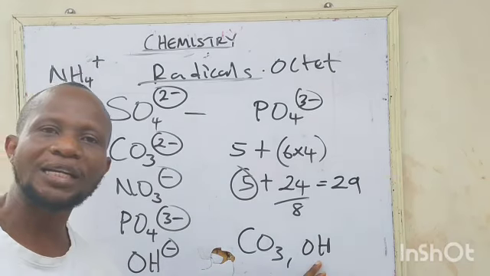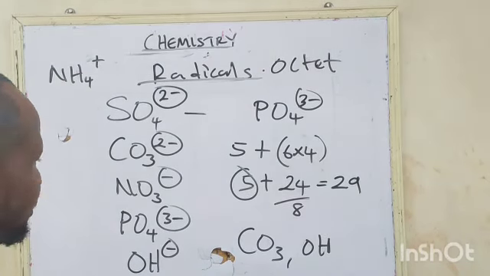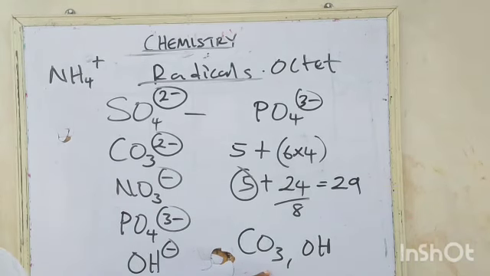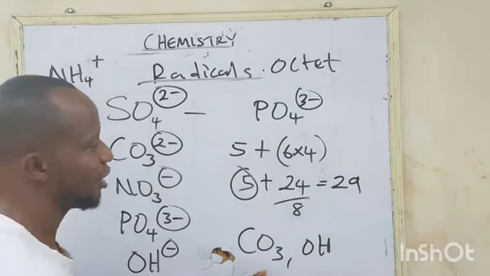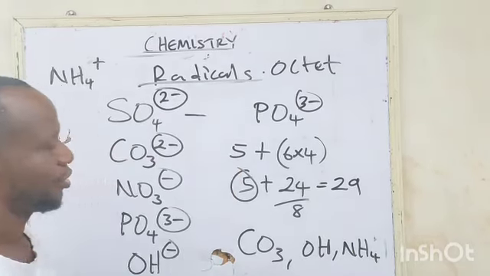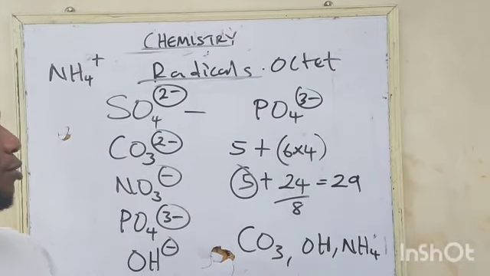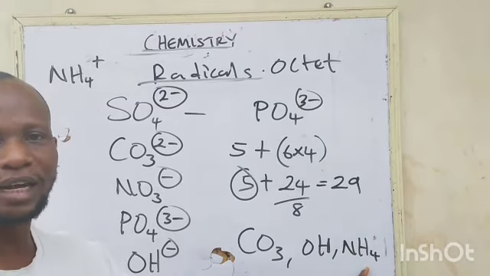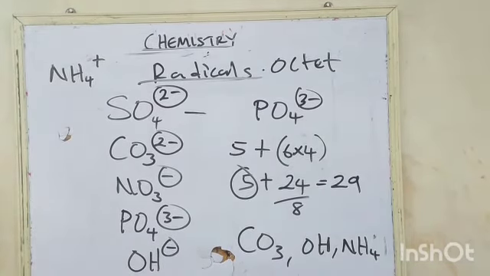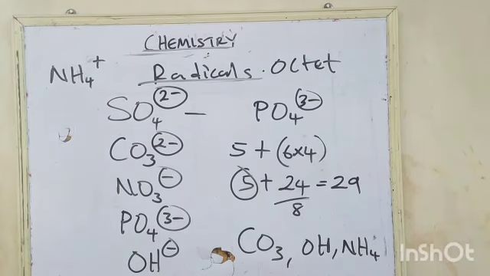Is it a neutral radical or a charged one? And this, is it neutral or charged? Then we have NH4. Find out the charge on this radical, and feel free to put your answer in the comment section.